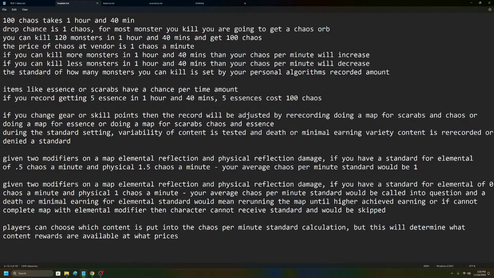you get this result back, and this result is going to be all these different pieces of content: essences, delve, different map modifiers, physical elemental reflection, that sort of stuff, right?